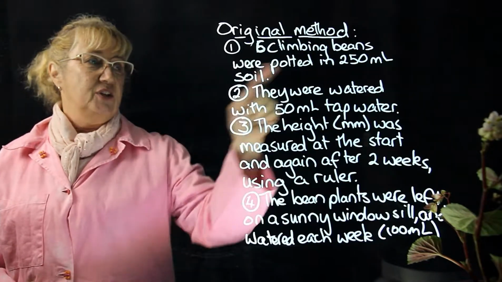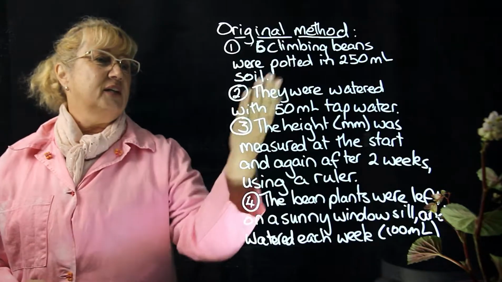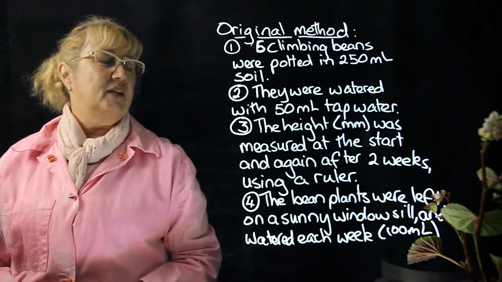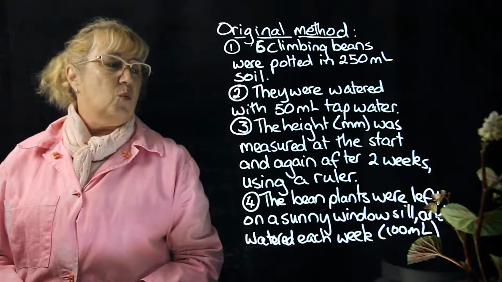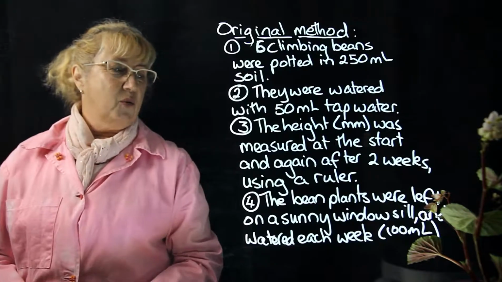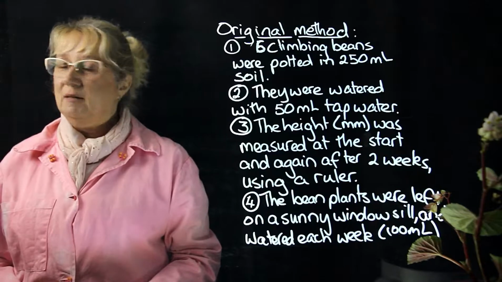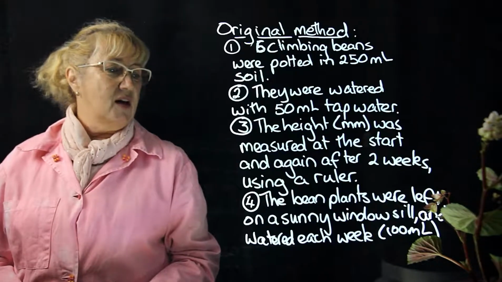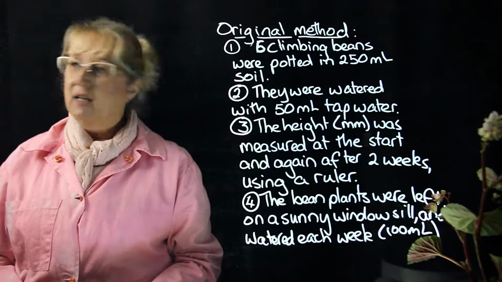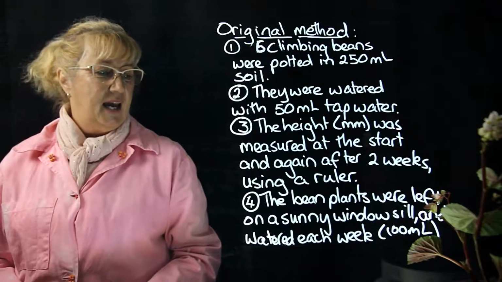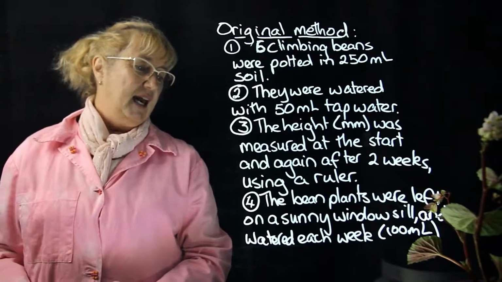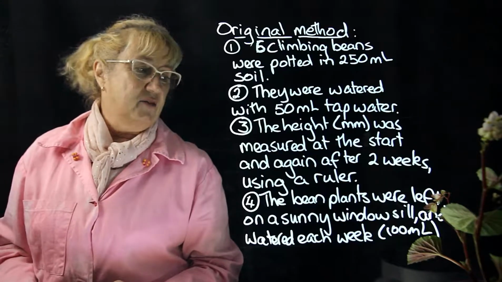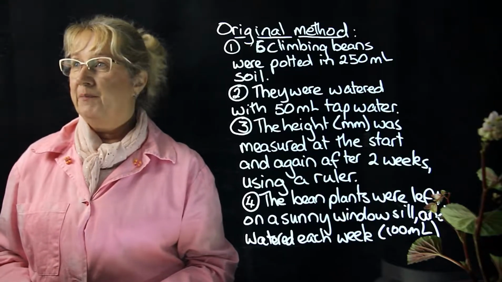So our original method says we've got 6 climbing beans that were potted in 250 milliliters of soil. They were watered with 50 milliliters of tap water. The height in millimeters was measured at the start and again after 2 weeks using a ruler. And lastly, the bean plants were left on a sunny windowsill and watered each week with 100 milliliters of water.